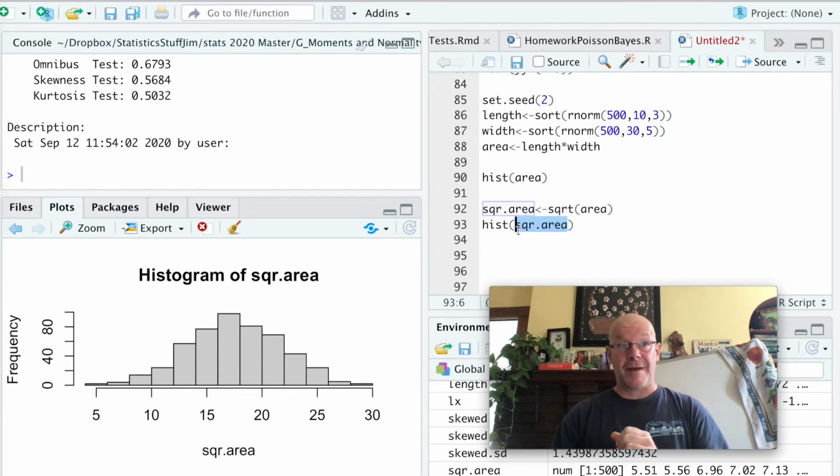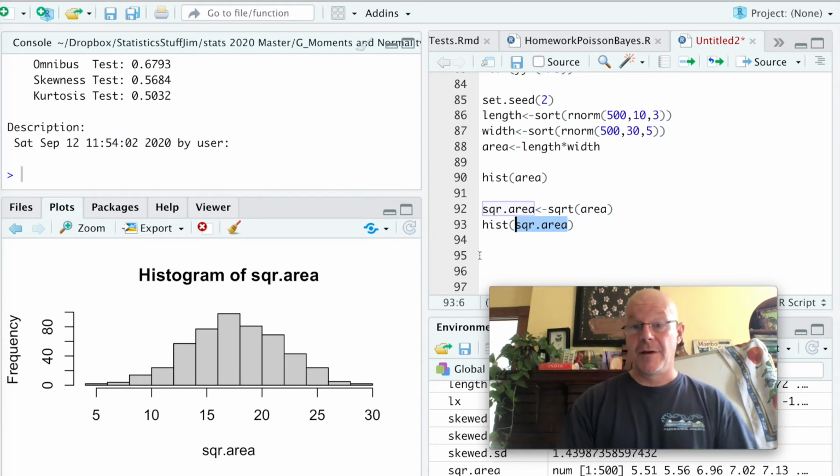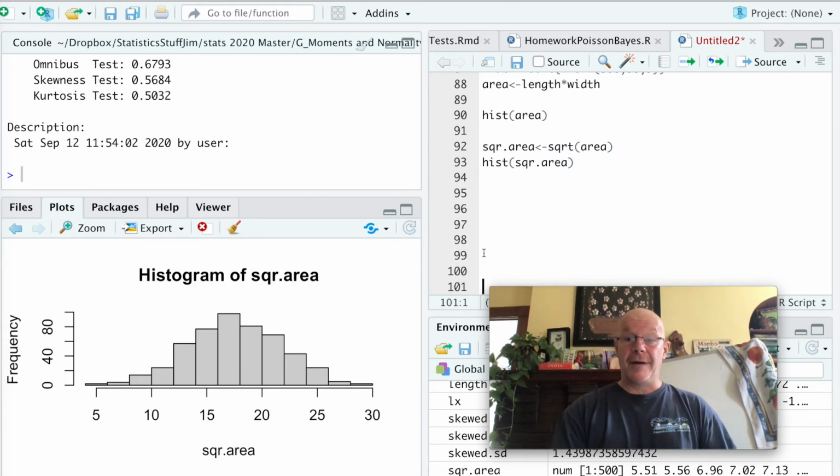And log transformations are really good for positively skewed data, as are square root transformations. And there's no reason why you should pick one over the other. It all depends on what you feel comfortable with. But again, log transformation is a very, very common one.